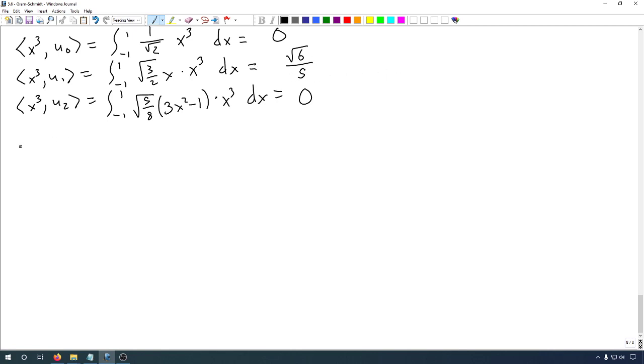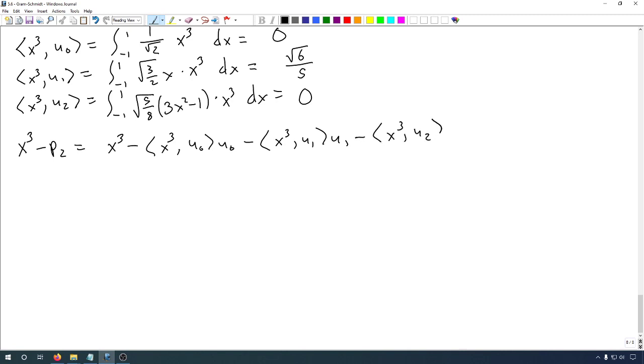So when we take x cubed minus p2, so we're taking that projection p2 of x cubed onto the subspace of all quadratics, we have x cubed minus the inner product of x cubed with u0 times u0, minus the inner product of x cubed with u1 times u1, minus the inner product of x cubed with u2 times u2. Of course, 2 of those turn out to be zeros, but that's okay.